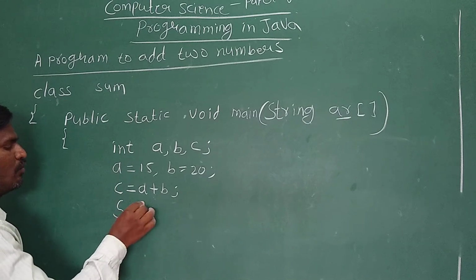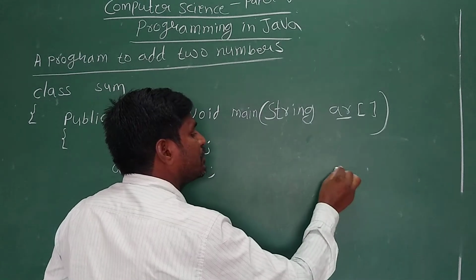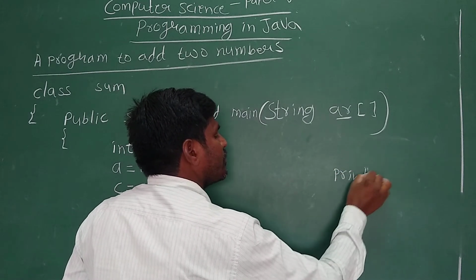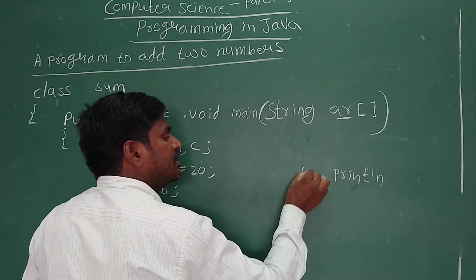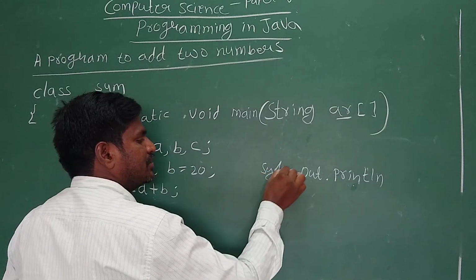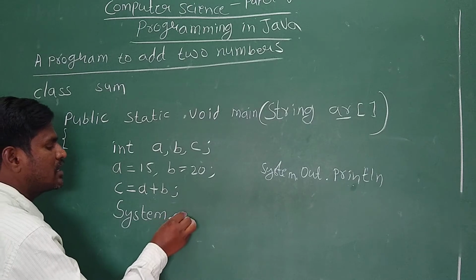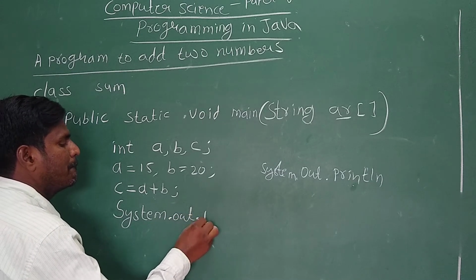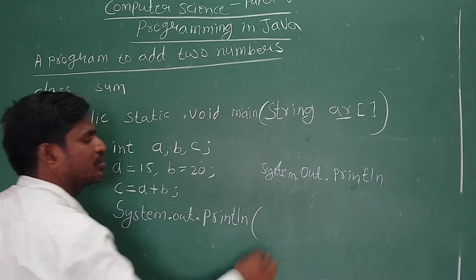System. What is the output function? The output method is println, which is in the out class, which is in the system package. So System dot out dot println is the output statement.